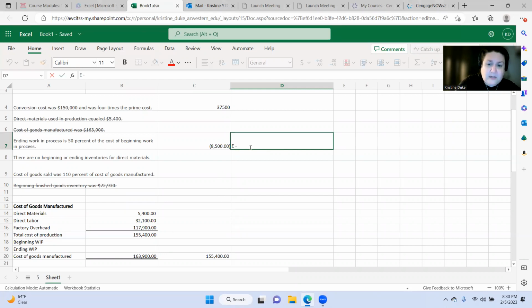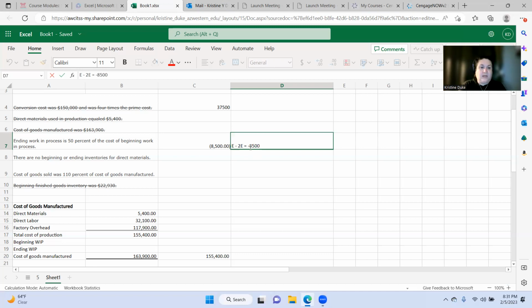And so I'm going to put 2E, because if ending work in process is 50%, then obviously beginning work in process is that multiplied by 2, equals negative 8,500.